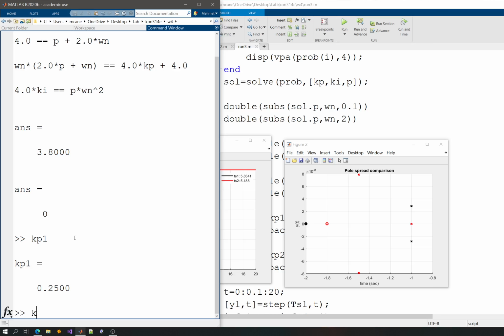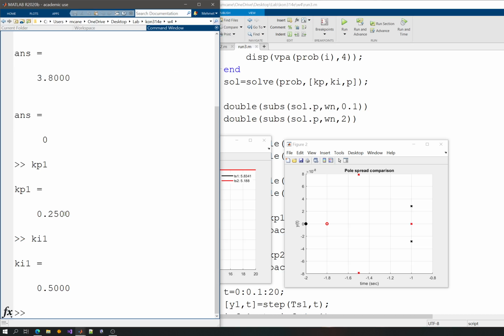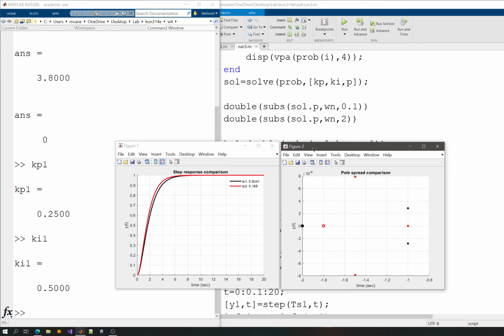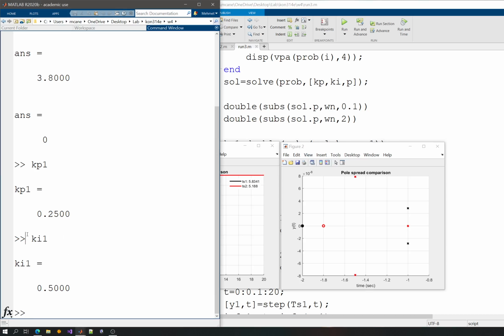Kp1, Ki1, you can see that it's exactly s plus 2 here. 0.25 s plus 0.5, and if you take the common factor out, you will see that it will be s plus 2. And then I also have a ZBK, let's say ZBK, TS1.